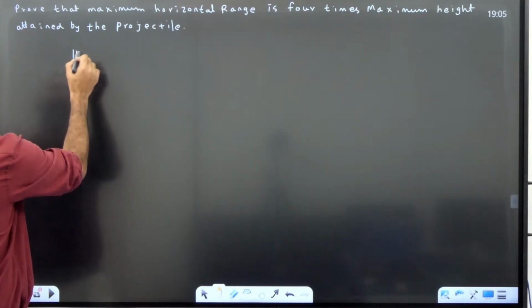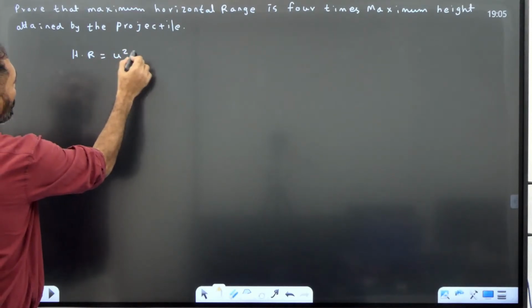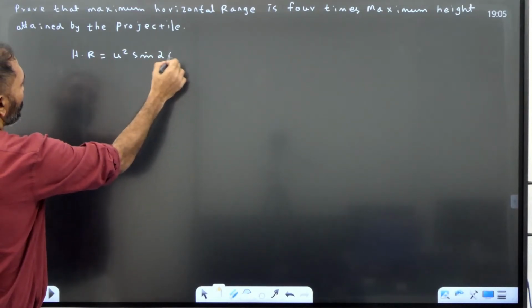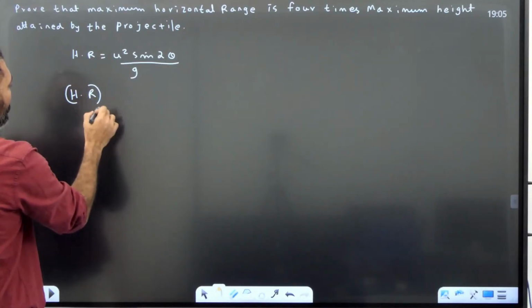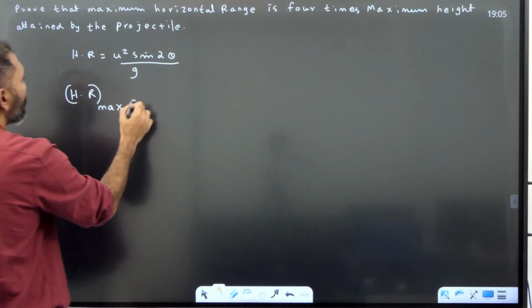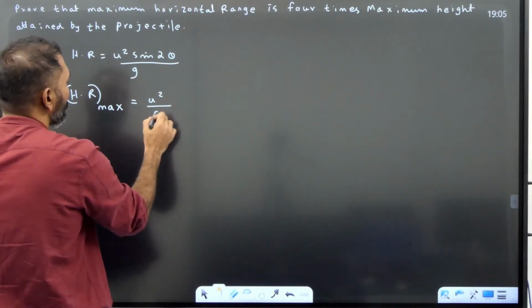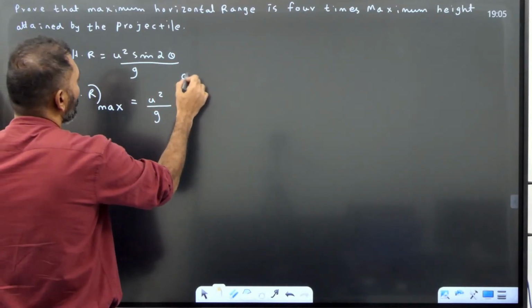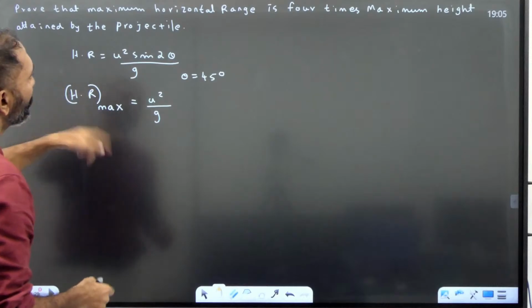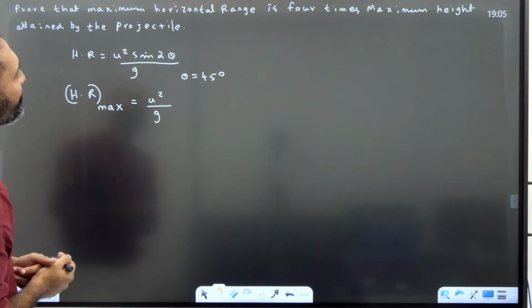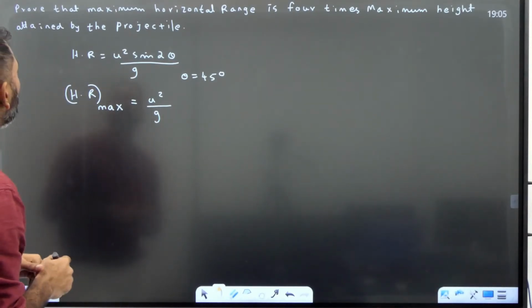Okay, prove that maximum horizontal range. See, horizontal range is U square sine 2 theta by g, but it is not horizontal range that is mentioned in the question. Maximum horizontal range is U square by G, because theta will be 45. We have to prove that maximum horizontal range is 4 times maximum height.